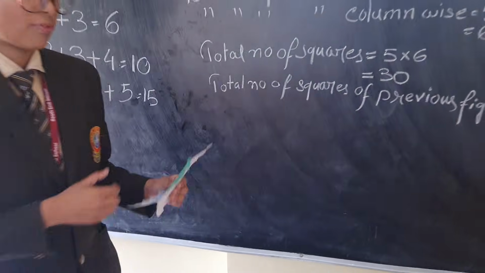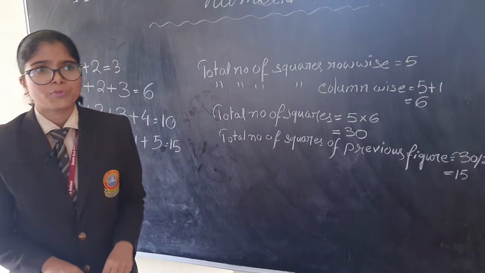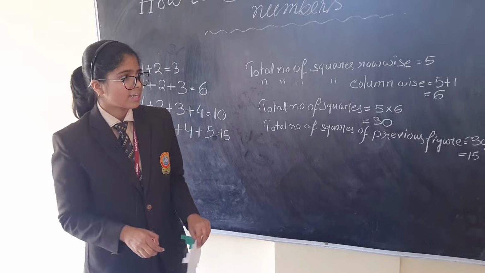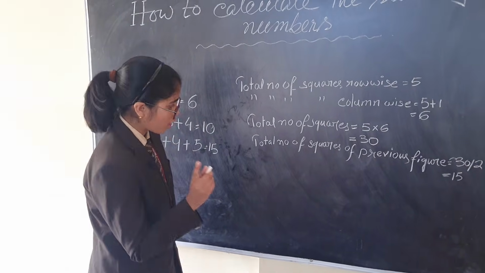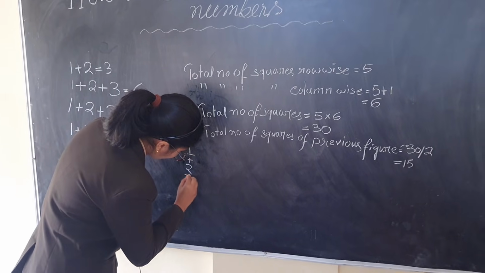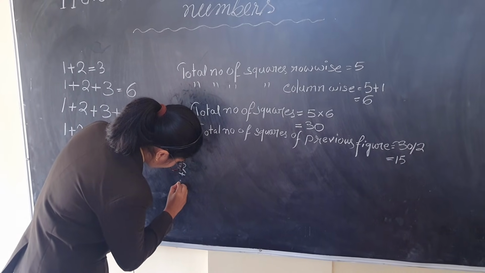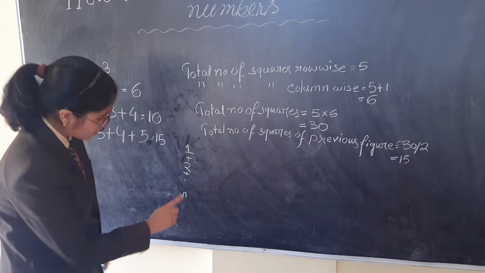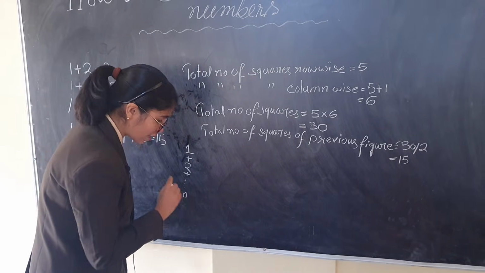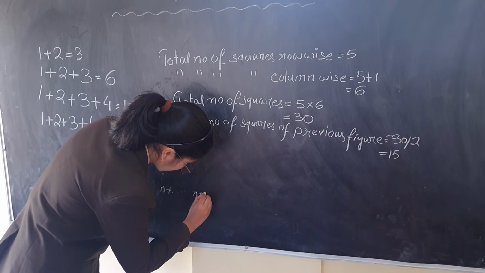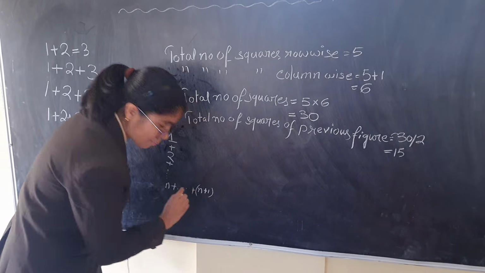So let's find one generalized formula. If we want to calculate the sum of numbers from 1 to nth term, then at that time the number of squares row wise will be n, and the number of squares column wise will be n plus 1.